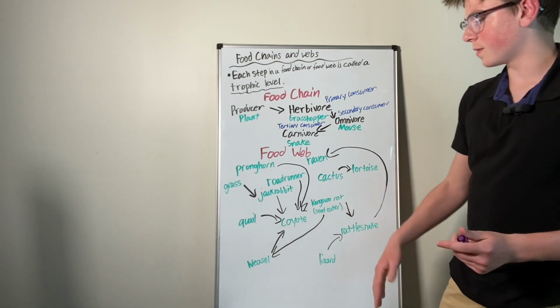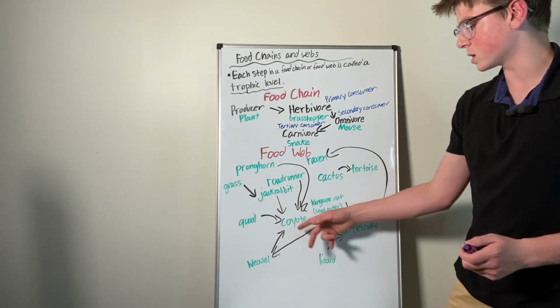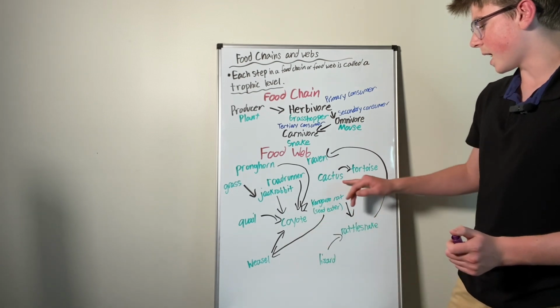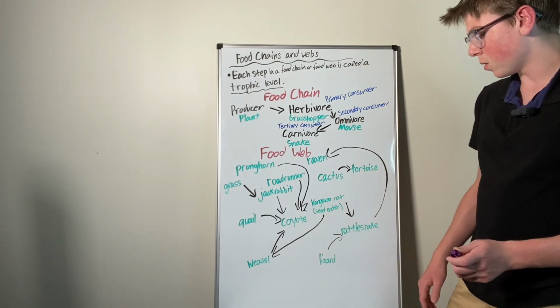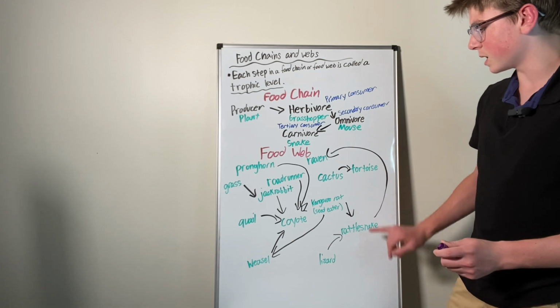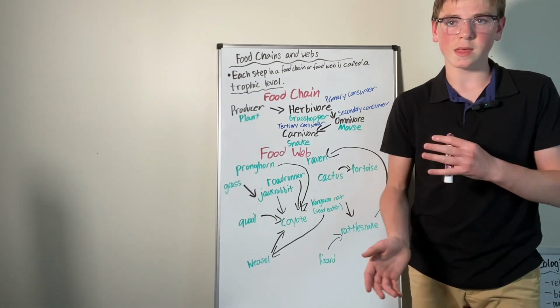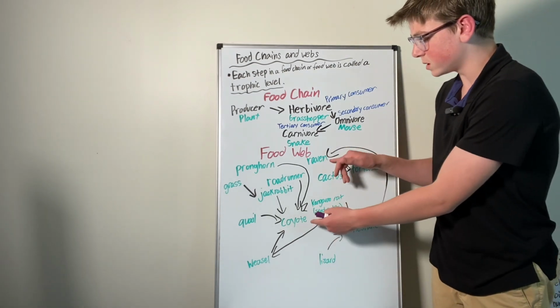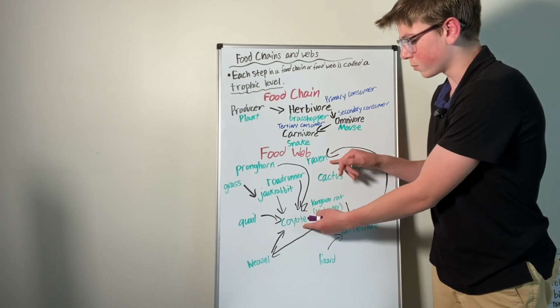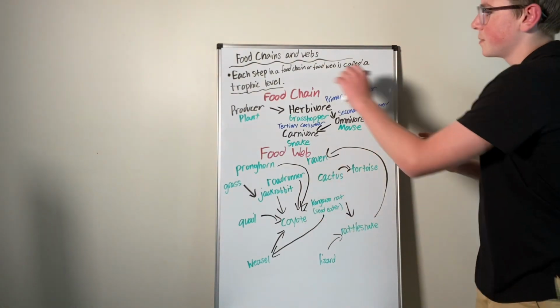So here we just have, grass goes to jackrabbit, goes to coyote, or the cactus just goes to the tortoise, or the lizard goes to the rattlesnake, goes to the raven. Things like that. And then they keep traveling always to these tertiary consumers, which are the raven and the coyote.